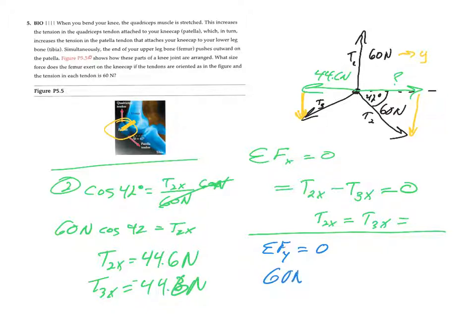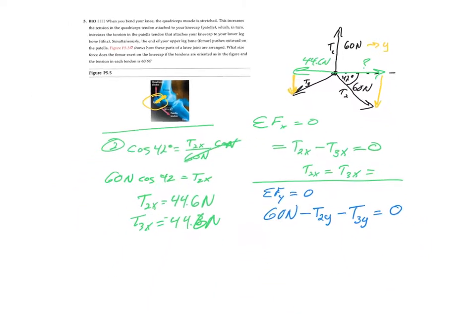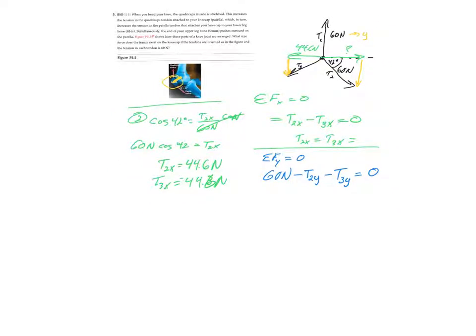I have 60 newtons going up, and I have T2y going down, and I also have T3y going down, and that equals 0. If I could find either one of these, I'd be home free. So I am going to come over here and find out what T2y is.